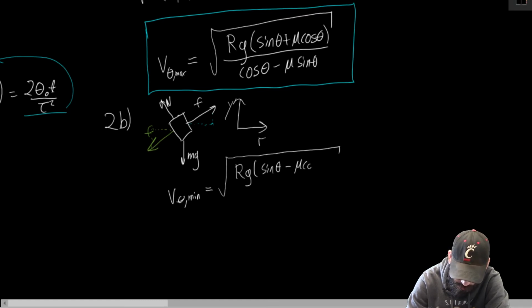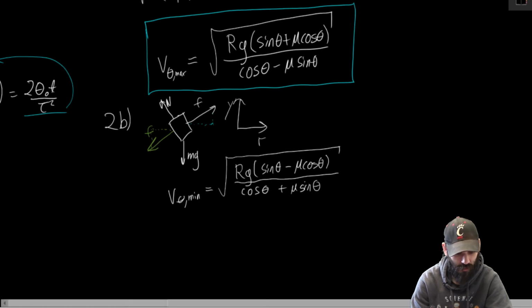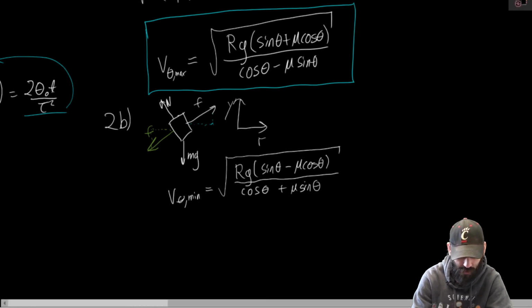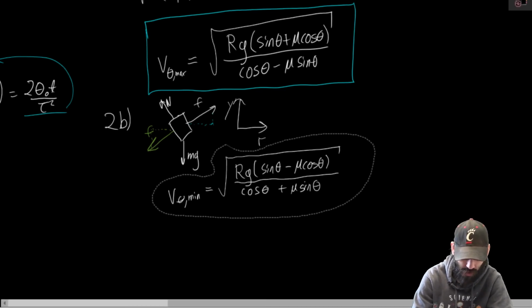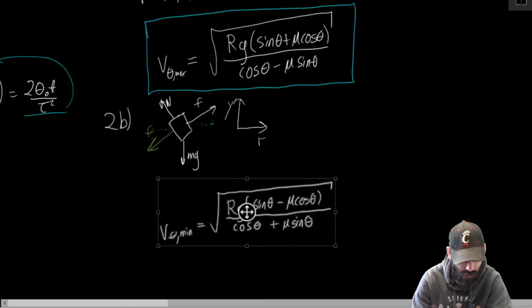All this is going to do is flip the direction for the x term and the y term for the force of friction. And so that's ultimately going to give me this. So I don't even really need to do the calculation again, because I know from this argument and comparing the free body diagram that this is going to hold.